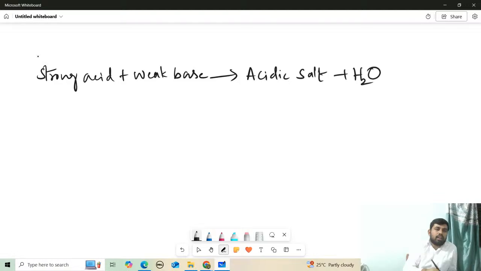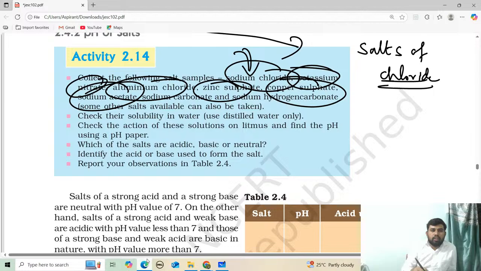Okay, the condition is a strong acid. So here we have sodium chloride, potassium nitrate, ammonium chloride, zinc sulfate, copper sulfate, aluminum sulfate, and aluminum chloride. We will discuss aluminum chloride.